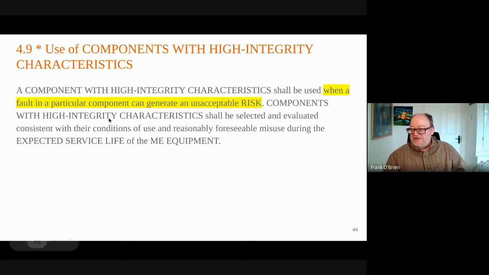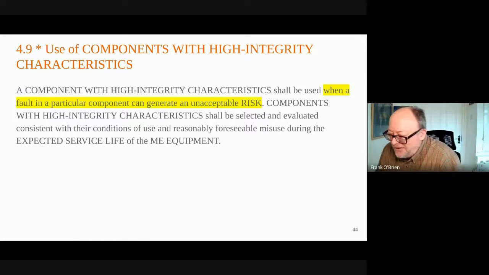So most components, if they're safety related, are going to result in an acceptable risk, but we would have a backup. And so this says a component with high integrity characteristics shall be used when a fault in a particular component can generate non-acceptable risk. Huh.